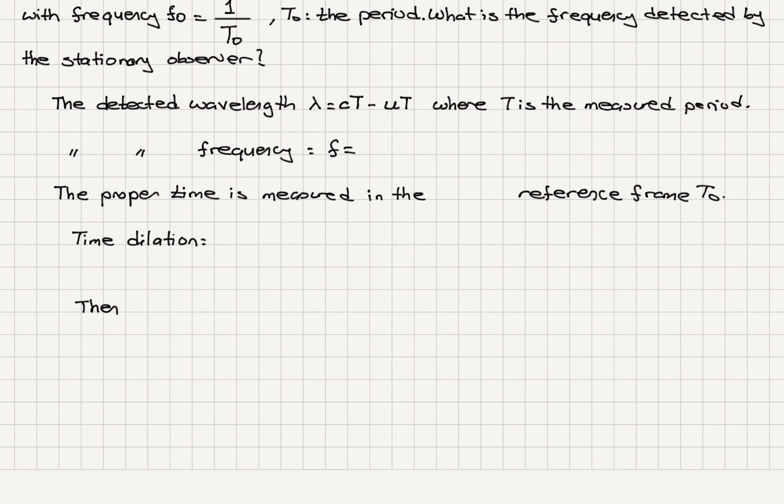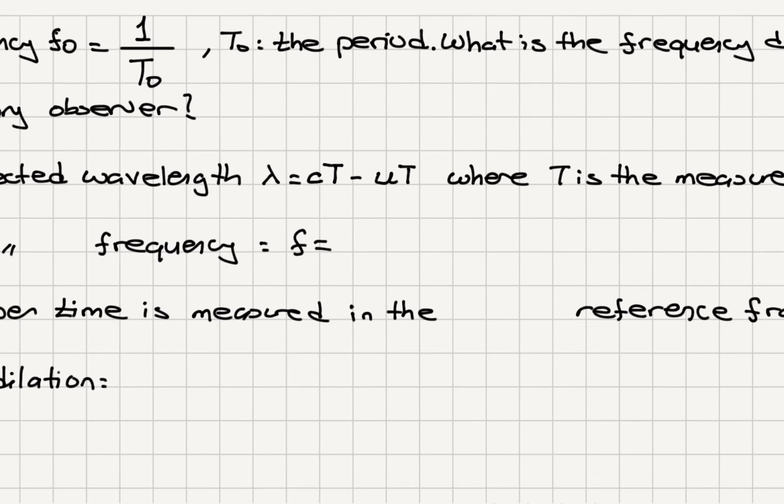So what is the detected frequency? The speed of light is c in all reference frames, so the detected frequency is c divided by the detected wavelength lambda. So it is going to be equal to c divided by (c minus u) times the period of the emissions detected by the stationary observer.